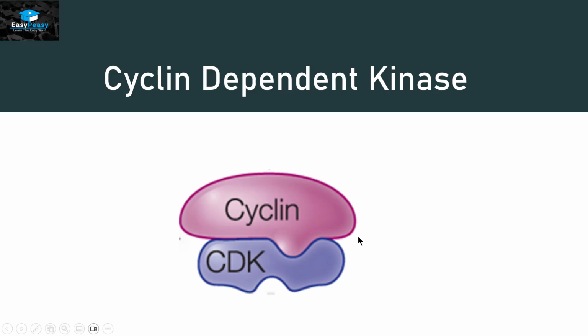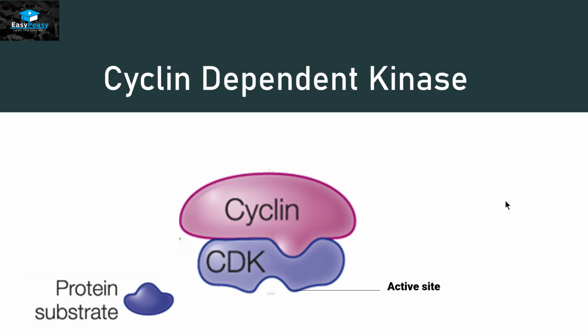As you can see, the structure of the CDK is changed, making a depression here, and this depression is basically the active site of this enzyme. So now this enzyme is activated, and it is ready to attach to its substrate.